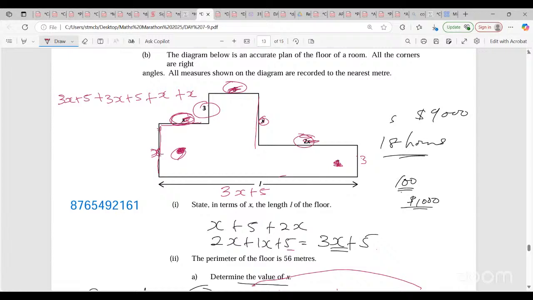Because remember, we're going all the way around, right? So these are 3x plus 5. These are x. These are 3. So I'm going to add the 3. And of course, we have this 3 again. So we add another 3.